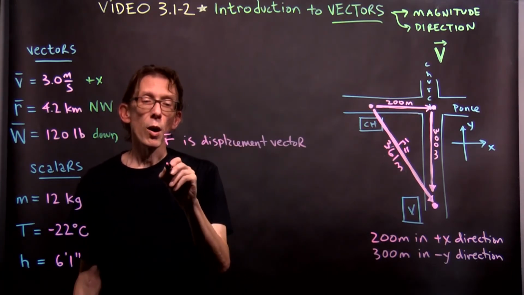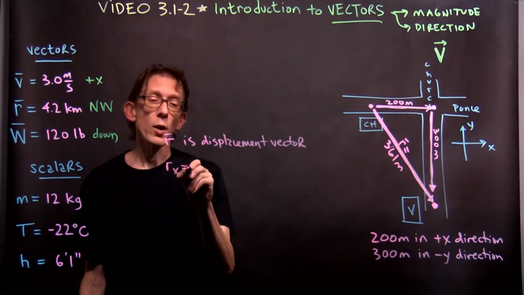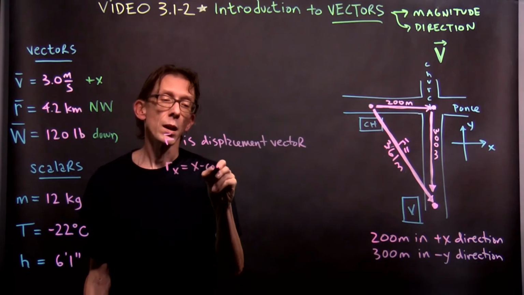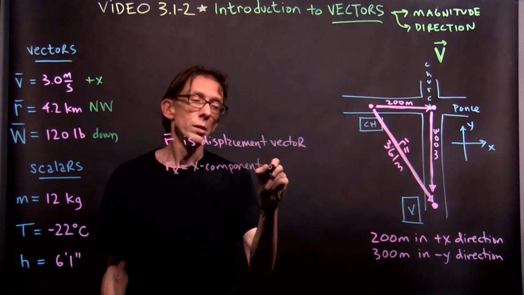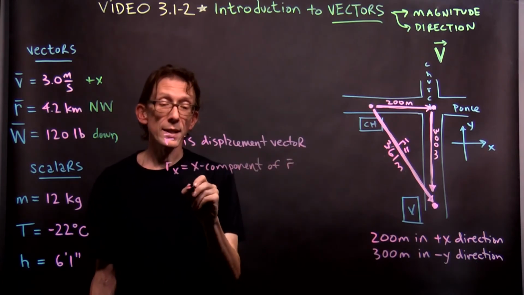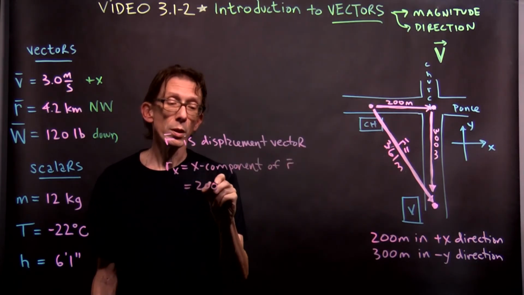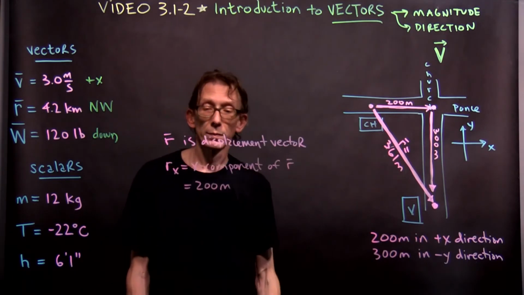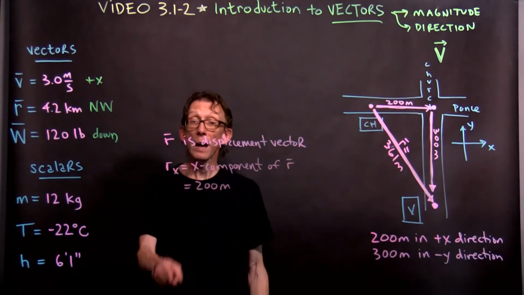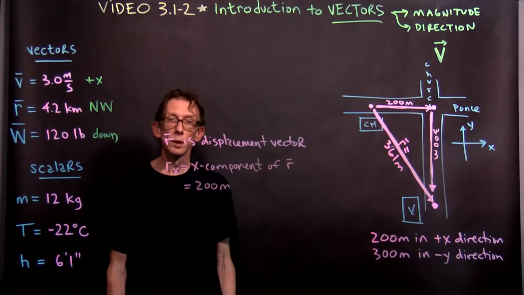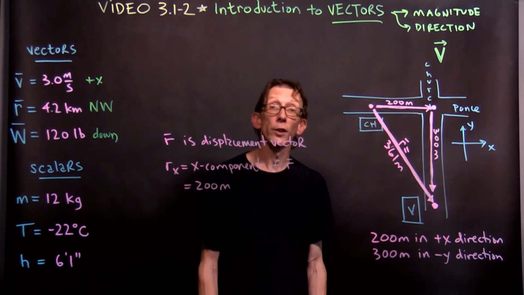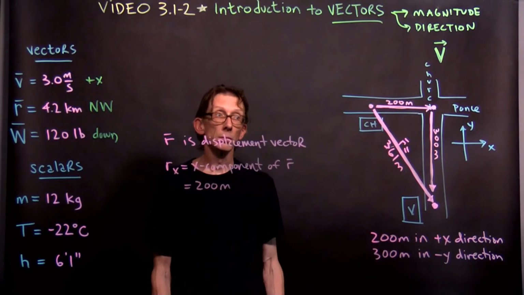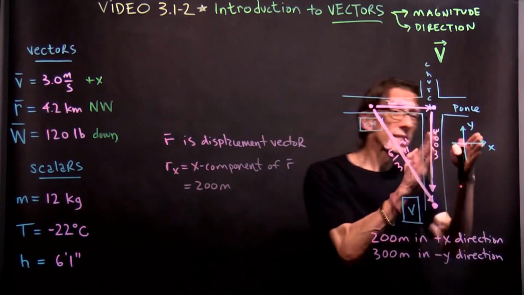Okay. R sub x is known as the x component of r, and in this case that equals 200 meters. There's an implied positive there. So Rx is known as the x component of the displacement vector r, because we set up our axis this way.